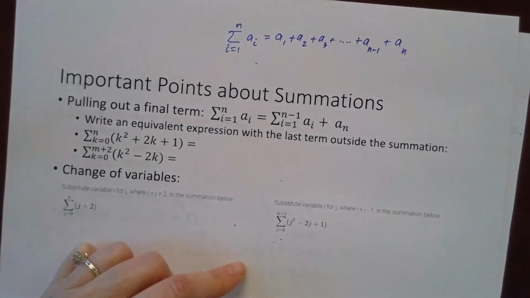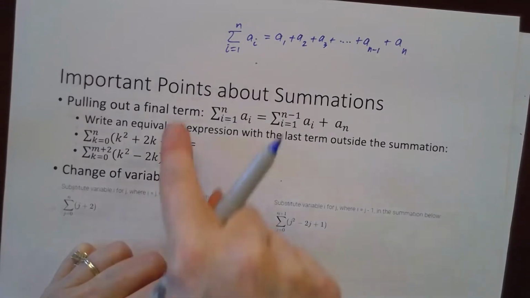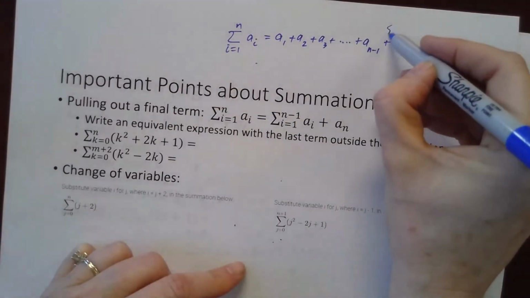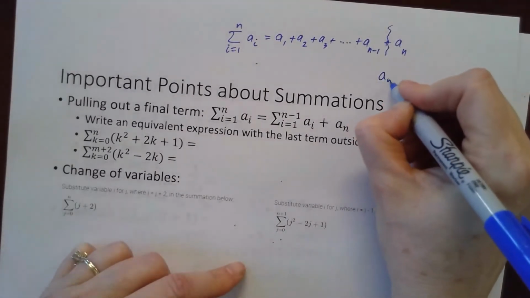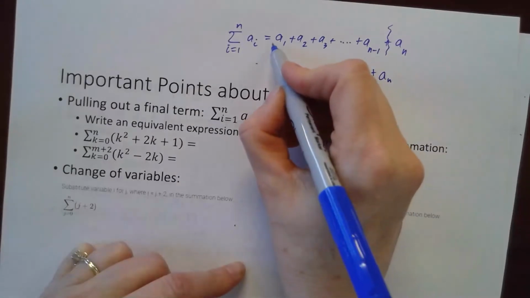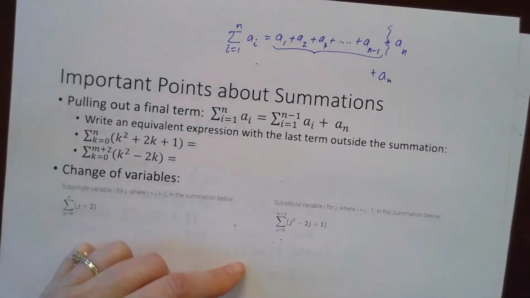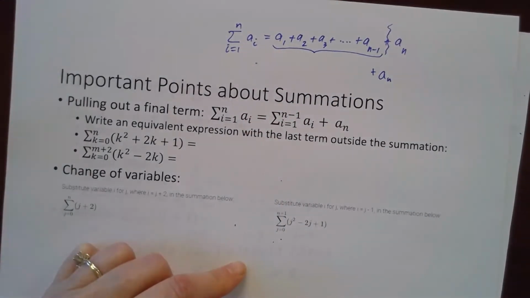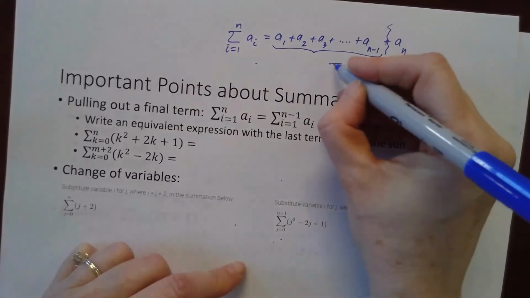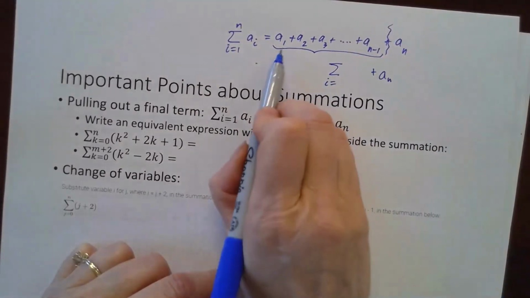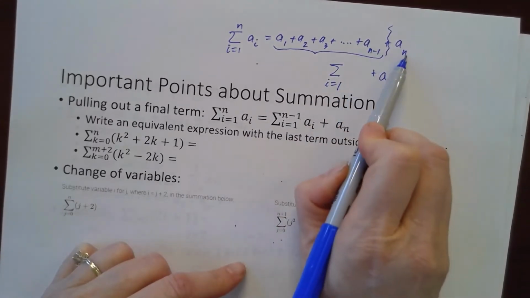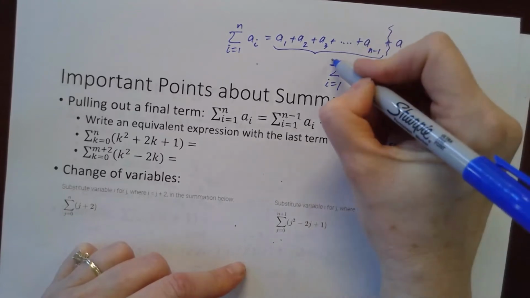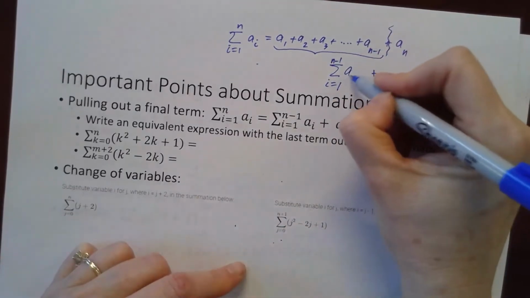If I want to rewrite this by pulling out the final term, I want to cut it off right here and keep this one separate, but leave the rest in its summation form. So i starts at 1 and ends at the index right before the one we pulled out, so it ends at n minus 1, and we're adding together all of these.